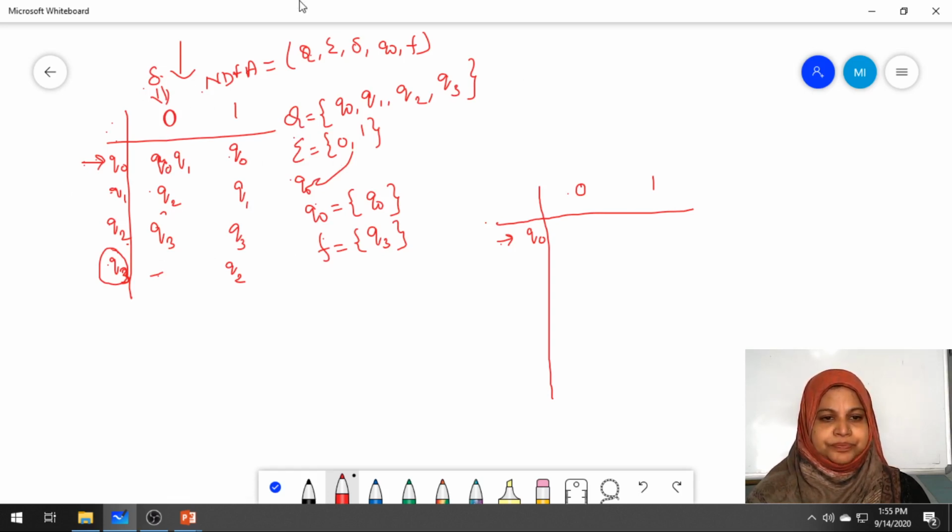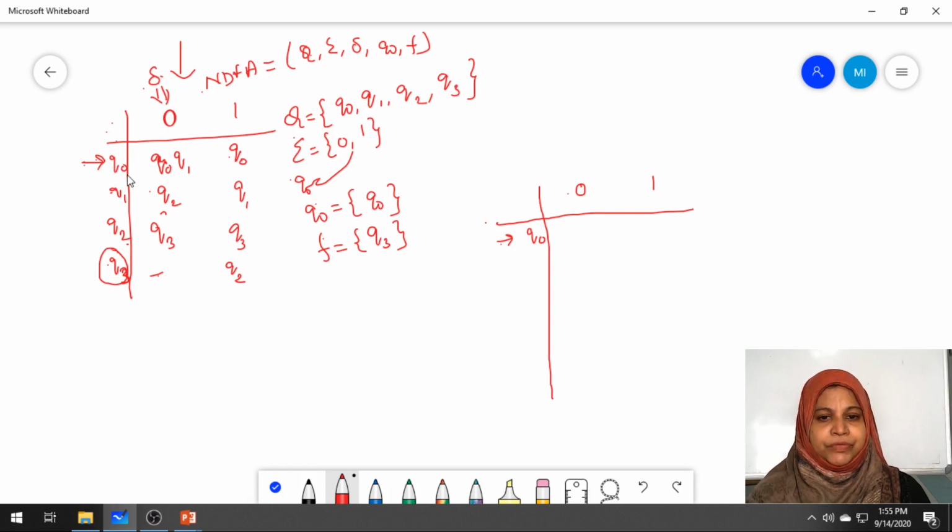Now, while converting this NDFA to DFA, first we have to construct the transition table, starting from the initial state. Q0 is the initial state.